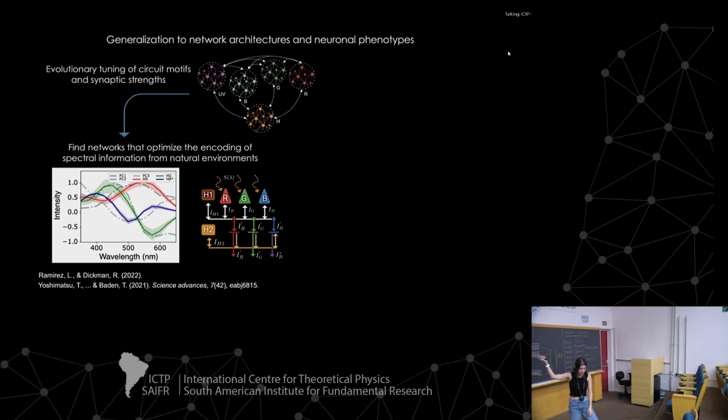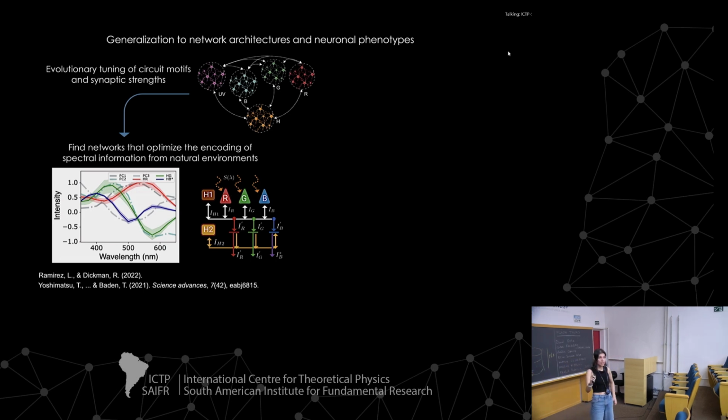Something that the experimentalists found is that you don't have only one type of horizontal cell, but several types of horizontal cells playing a role in the color opponency. So we were able to explain the data by saying that these networks are highly efficient at encoding this type of principal components and not only monochromatic inputs.